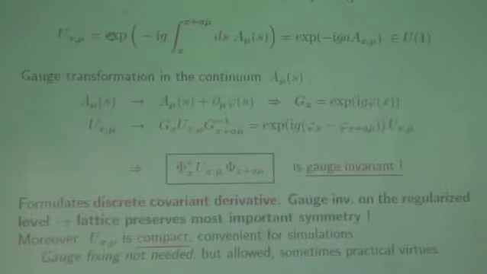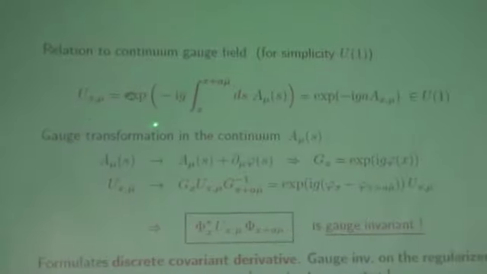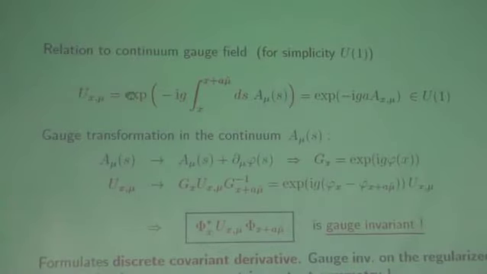Now, I have to discuss a bit what this actually means. So far we have only constructed this on the regularized level, but of course we want to see the relation to the continuum field. So this should still be worked out.